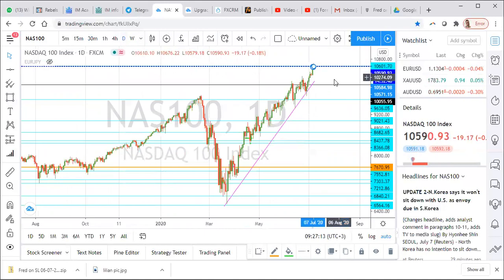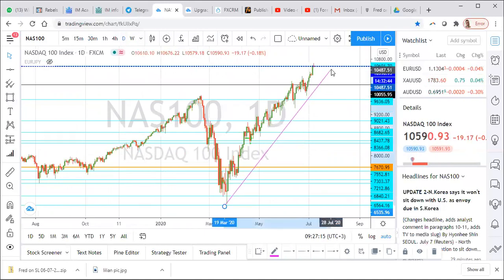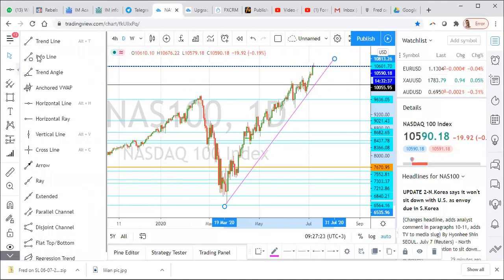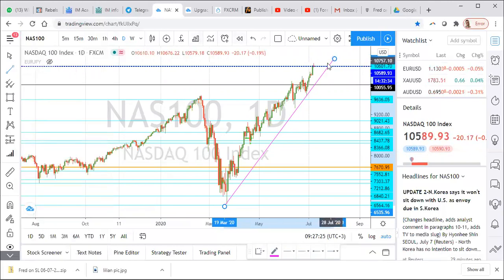Look at the daily again. There's a very strong zone here.